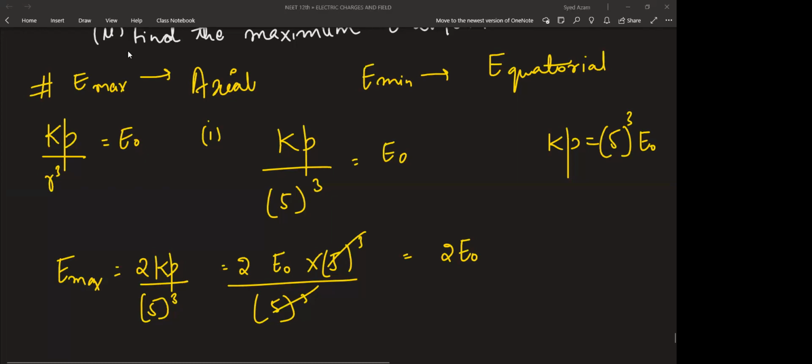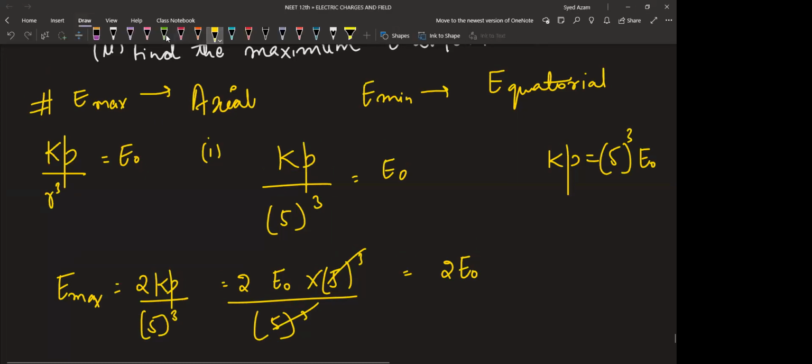Yes, class, try this second part and tell me what's the answer coming. In the chat box, just type your answers.